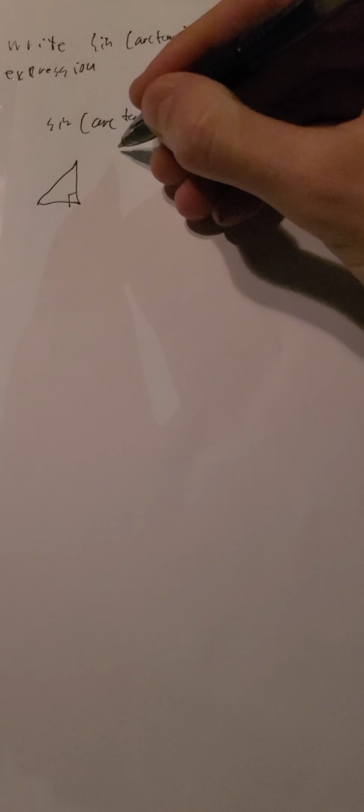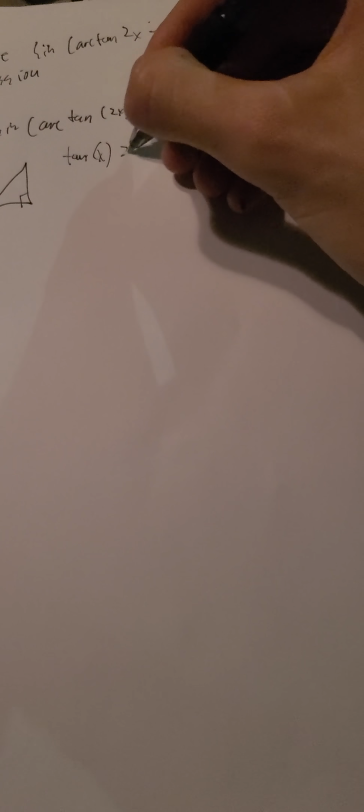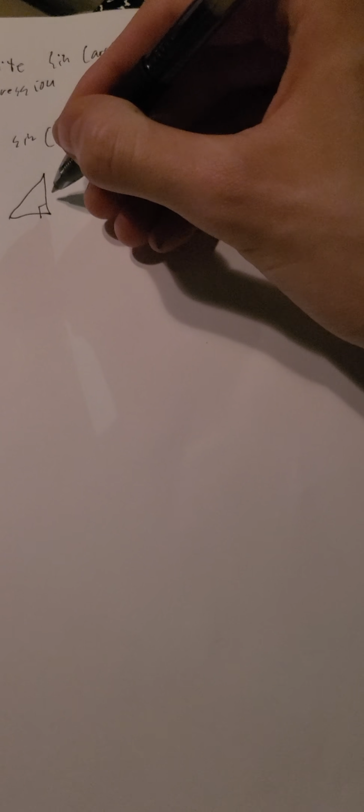So basically what we want to do is use the Pythagorean theorem on both of these to find the third side of a right triangle. If I draw a right triangle, we can rewrite this part as tan x equals 2x over 1, which is SOHCAHTOA: opposite over adjacent, 2x over 1.